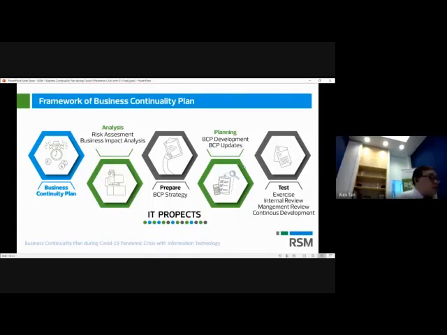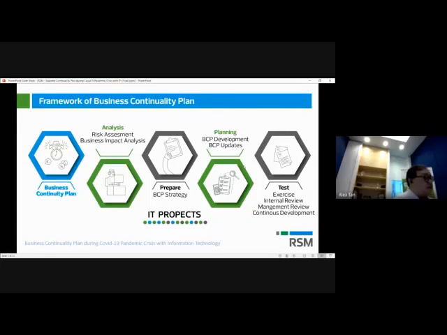Then the next is the planning stage, which covers prevention strategies, response strategies, and recovery strategies. All these are piece and parcel of the planning stage.